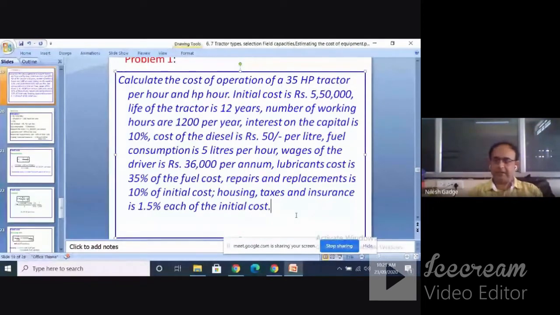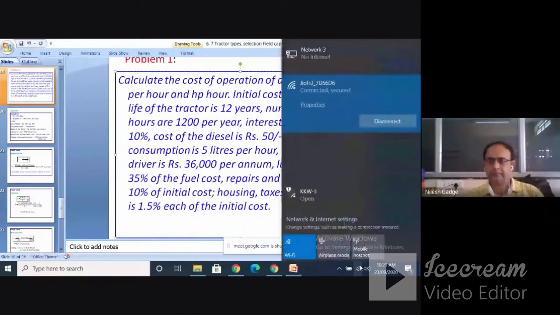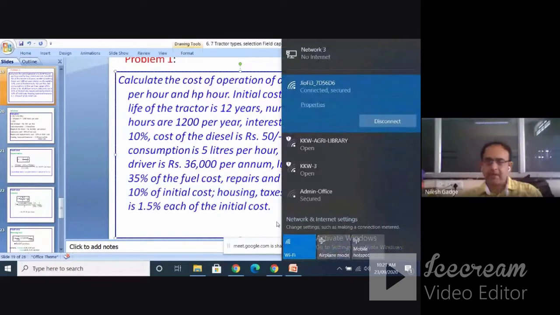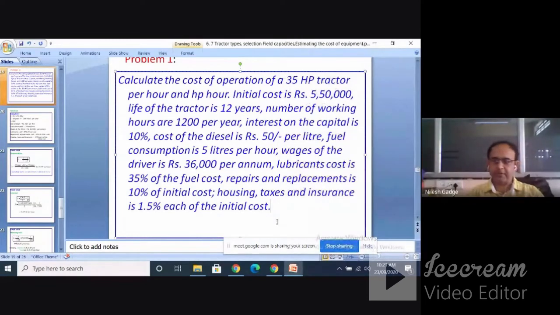These are the old values, but you can still solve this problem according to the values mentioned in the problem. Write down the problem. Calculate the cost of operation of 35 HP tractor.